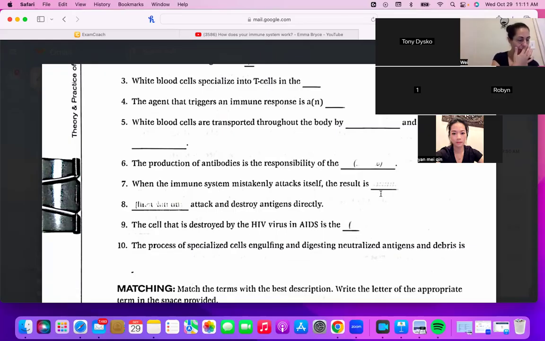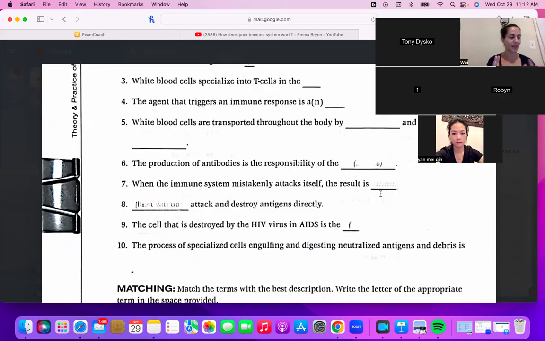Number 8, we talked about three types of cells, and which one attacks and destroys the antigen directly? There were three types of T cells. Phagocytes?